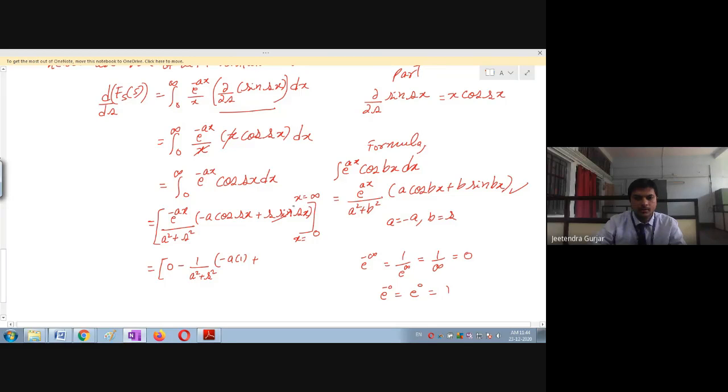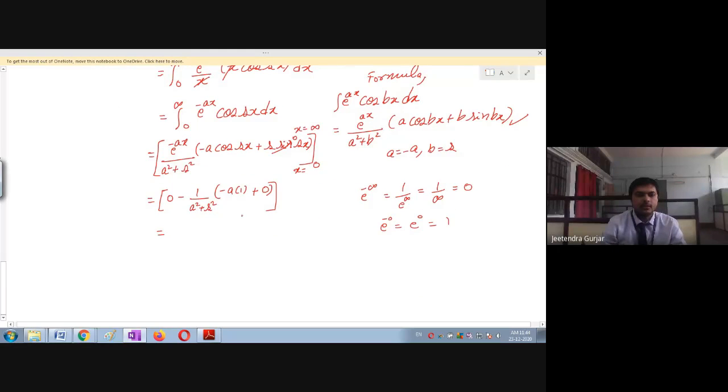Sine 0 is 0, so this is going to become 0. Okay, now we'll simplify this. So we can see minus into minus will become plus a upon a square plus s square.